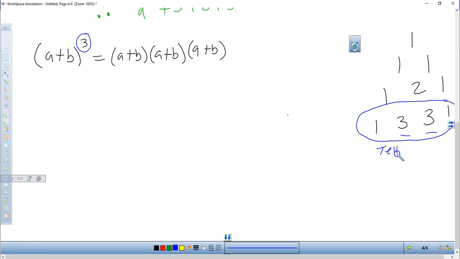So this tells me the number of terms. This also tells me the coefficients, at least initially, for the terms. So I'm going to write these out: 1, and I'm going to put a little blank because I'm going to fill some stuff in.